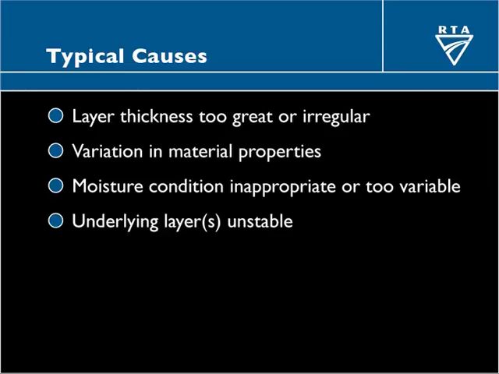You may have a problem in the underlying layers, and they're unstable. Now, that may be because of their inherent condition when you started to place material, or it may be, say, because they've got wet up either from water you've added or from rainfall, which has seeped down through the layer you're trying to compact and got into the underlying material. It's then trapped.